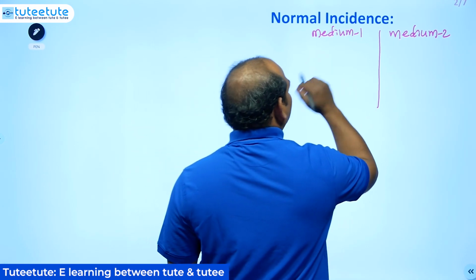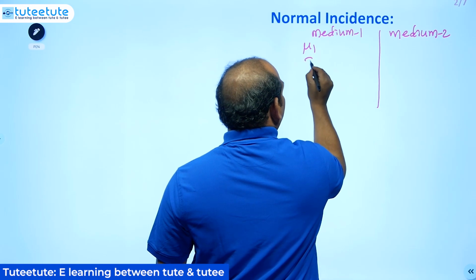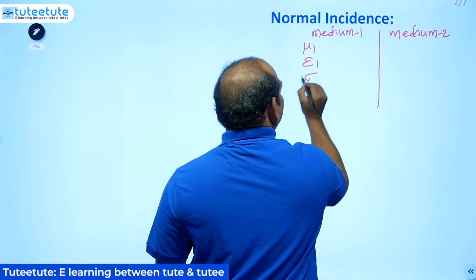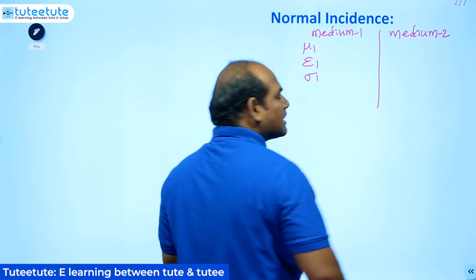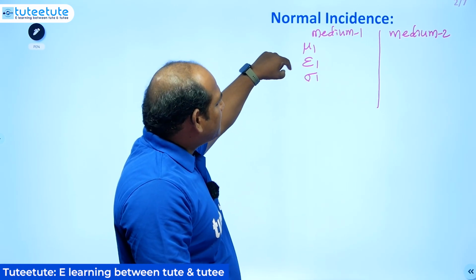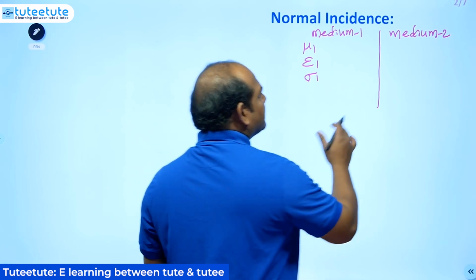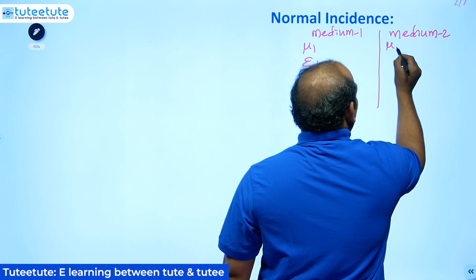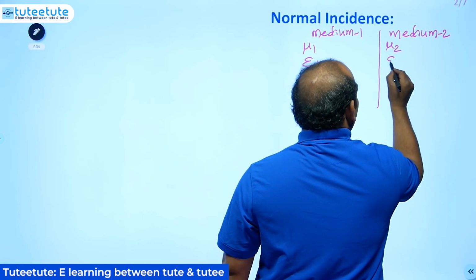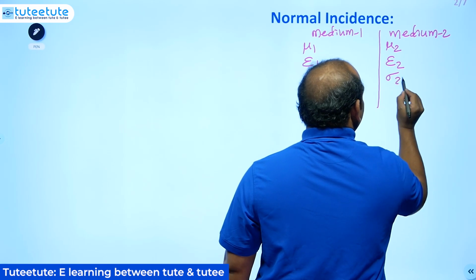Medium 1 characteristics are given by mu 1, epsilon 1, sigma 1. That means medium 1 contains permeability mu 1, permittivity epsilon 1 and conductivity sigma 1. Similarly, here we can take permeability mu 2, permittivity epsilon 2 and conductivity sigma 2.